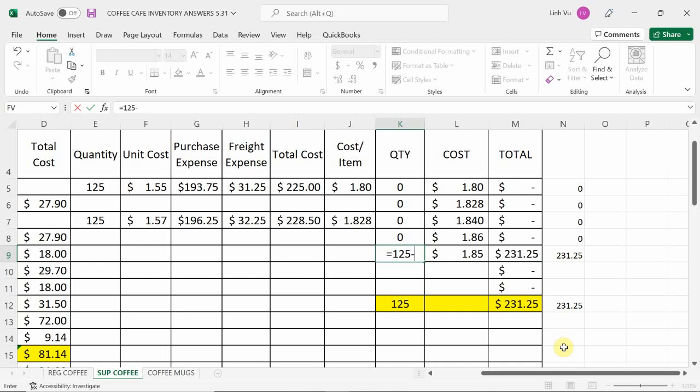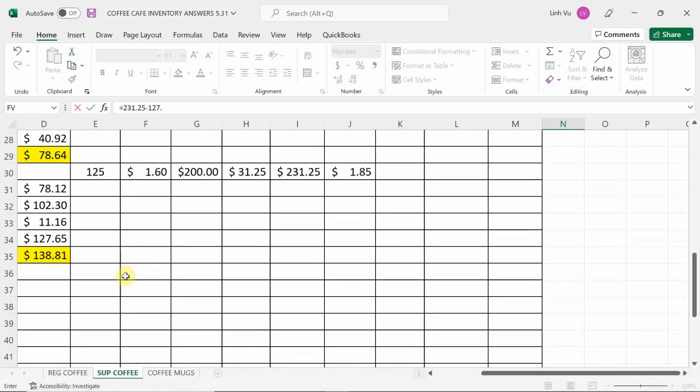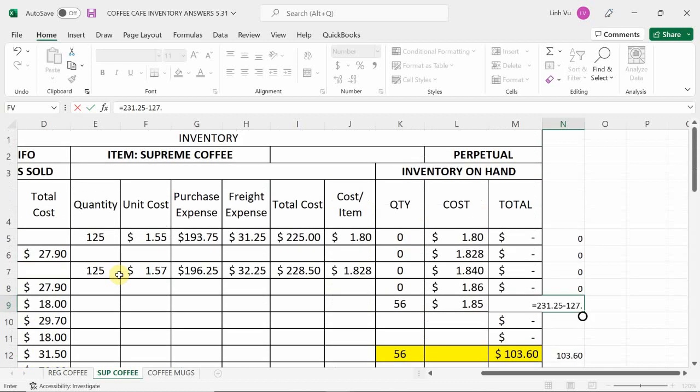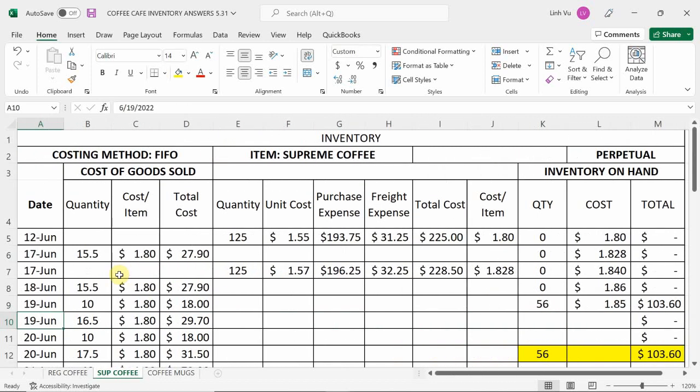How many pounds did we use for this one? 69 pounds. I put 69, not 65. There you go. All right, 103.60. Okay, yeah, that's correct. That means we have 103.60 left in our Supreme.